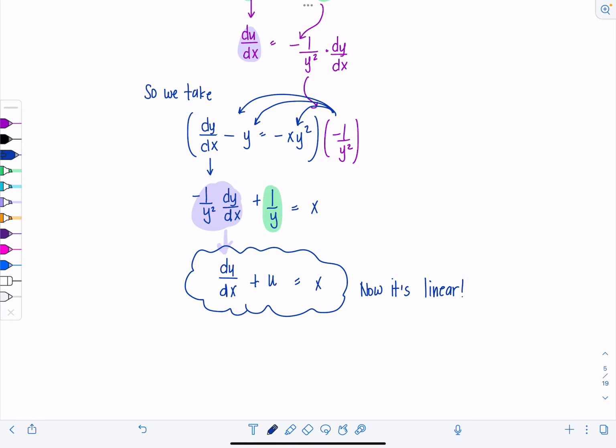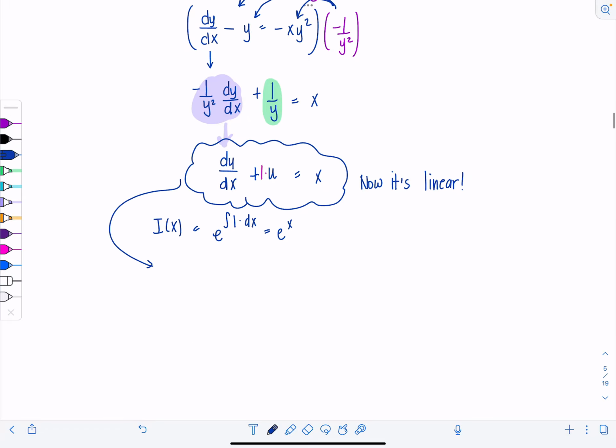Okay, so let's go ahead and solve. Let's get the integrating factor. There's just a 1 right there. So the integrating factor is going to be e to the integral 1 dx, so it's just e to the x. Now I'm going to multiply everybody here by e to the x. So e to the x du dx plus e to the x u equals e to the x times x.